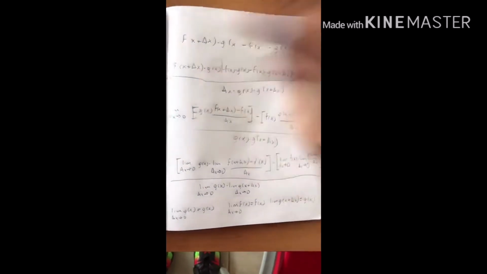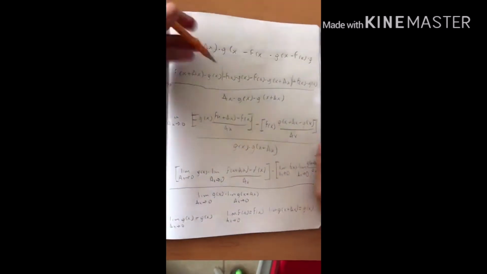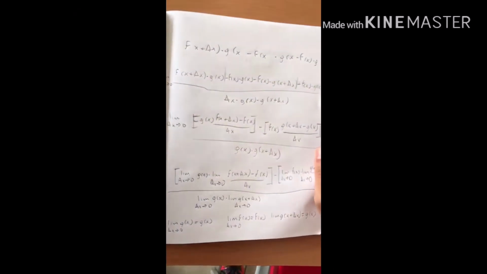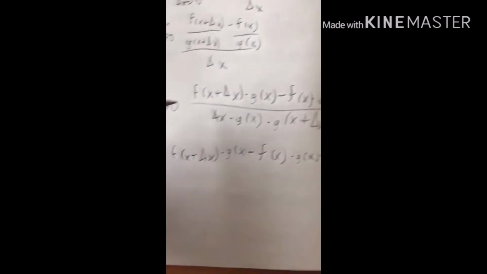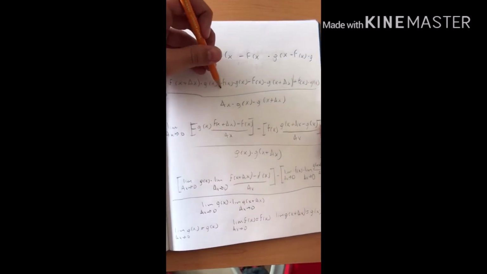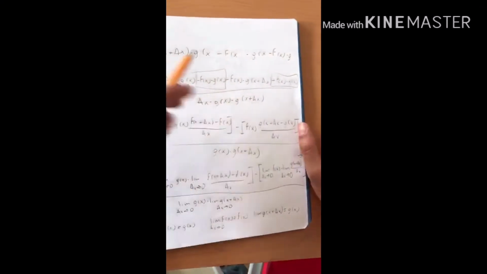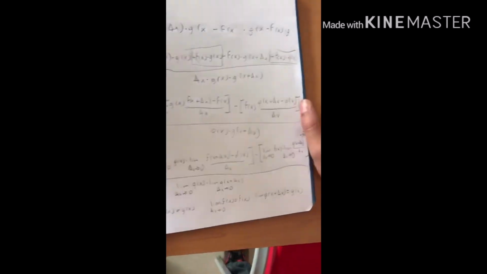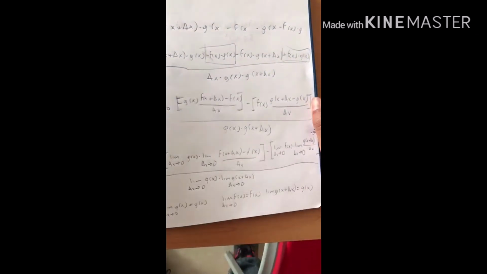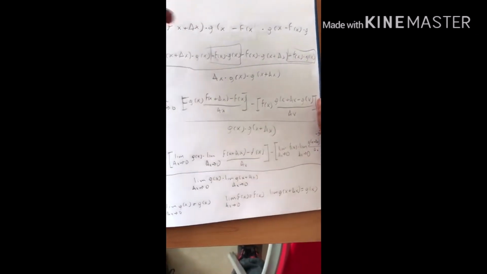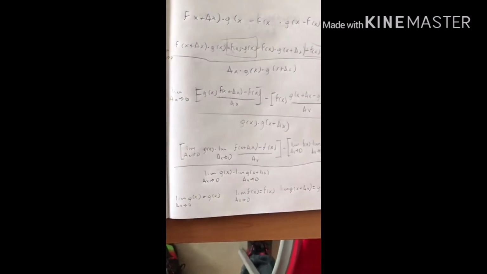So how did we get from here to here? We just factorized this, and as you can see, what Newton did in the beginning is make this a minus and this a plus, in order to get the same expression as the last one and be in the same rules of the functions.